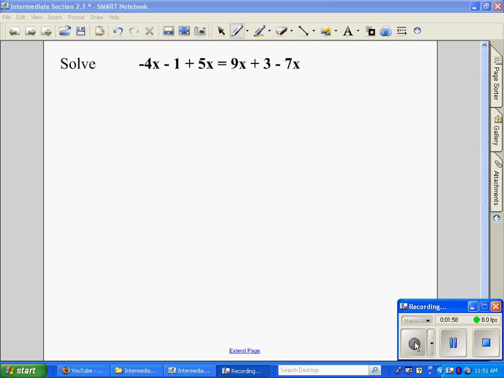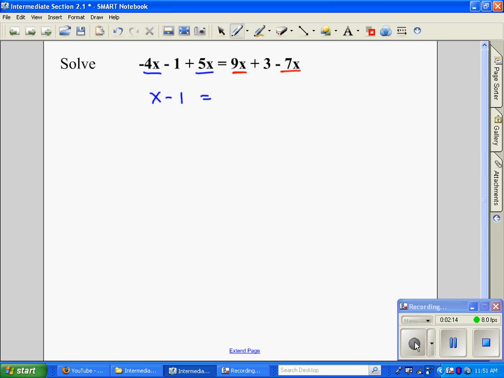This next example, we want to simplify everything on the left of the equal sign and simplify everything on the right. So when we're just adding like terms right now, we're going to get negative 4 plus 5 is 1x, bring down minus 1. On my right, I want to simplify negative 9x minus 7x, which is 2x, and then I bring down positive 3.